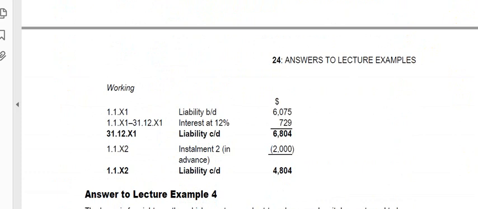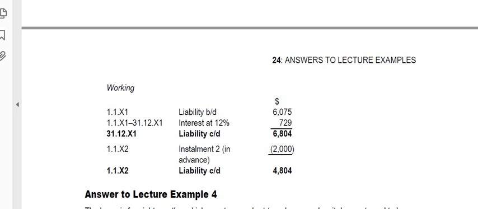We start with the present value of the lease liability, which is 6,075. Because the lease rentals are in advance, we simply add the interest at the implicit rate of 12% of 6,075, which is 729, to give us the closing liability at 31st December X1 of 6,804, which we now need to split into the current and non-current portion.